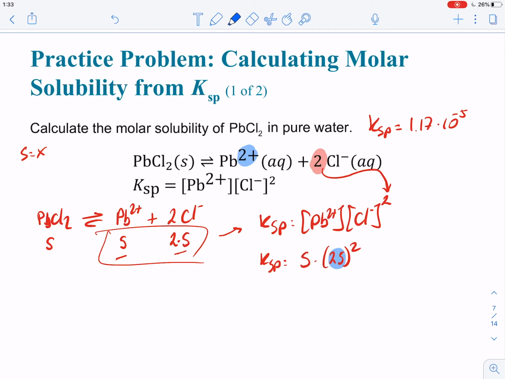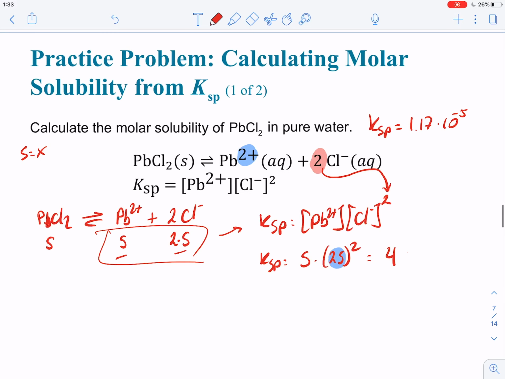You are not leaving that 2 out of the exponent there, so be careful with that part. Which means this goes to 4, because that's 2 squared, times S to the power of 3. So you first raise this S to the power of 2, times S again, that's S raised to the power of 3.